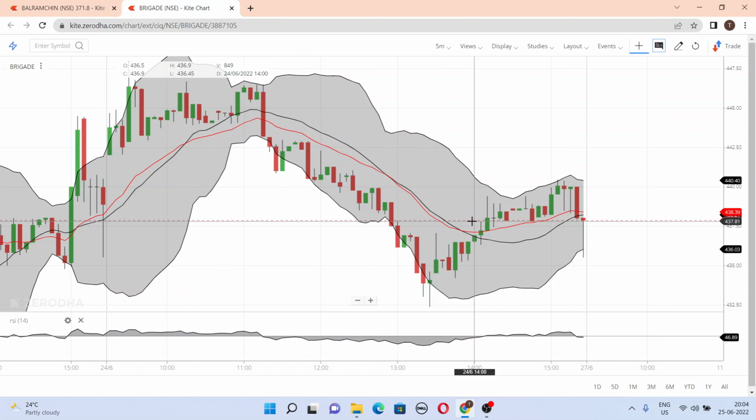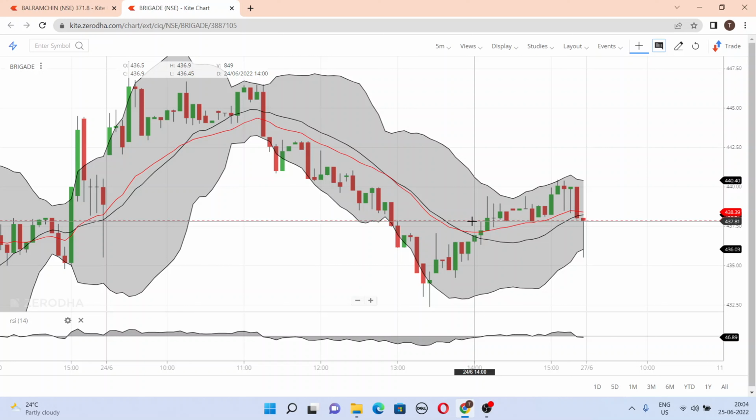So the squeeze, as I said, when you have a squeeze for a prolonged period in a very narrow range, you generally tend to see very good movements of the stock when it breaks out of the range. As I always say, please do paper trades before you get into the real trade.